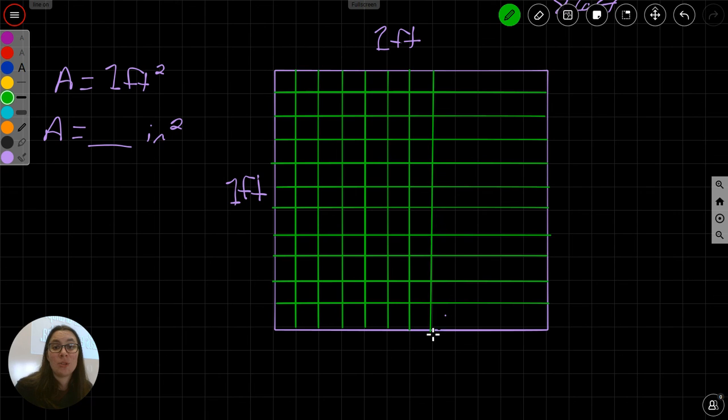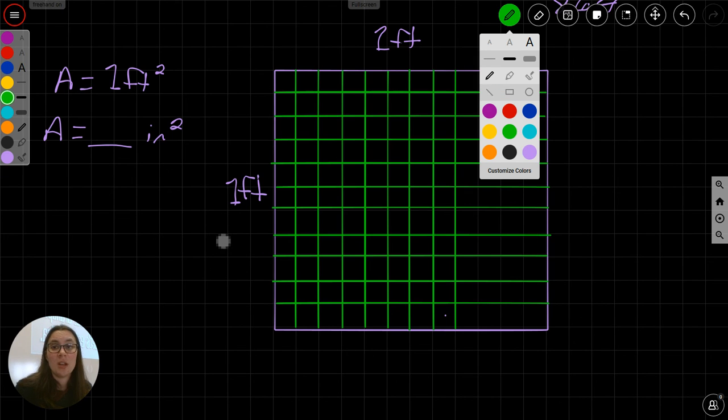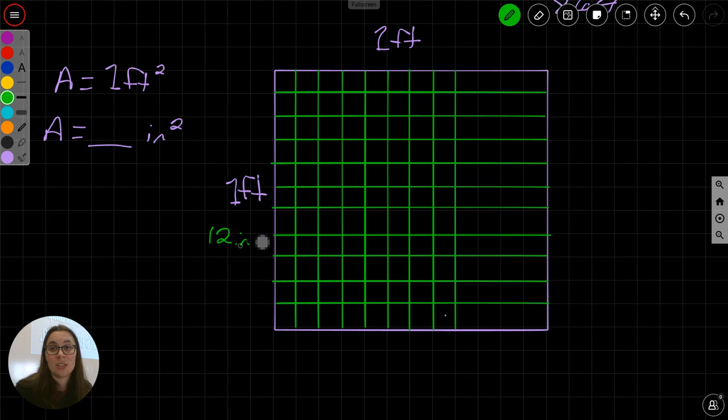Technically, I have to multiply this by 12 times 12, 12 squared, which is why we do the measurements first. So this is, I'm not going to finish that, 12 inches by 12 inches, which is 144 square inches. And that's why you can't just multiply the area by your conversion factor. You have to multiply your measurements. That's it.